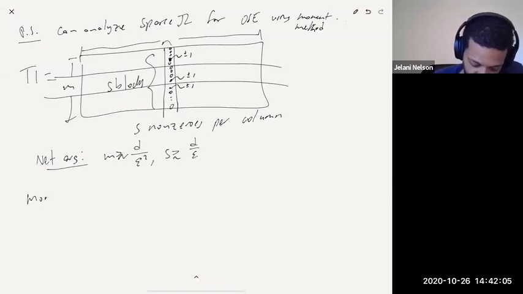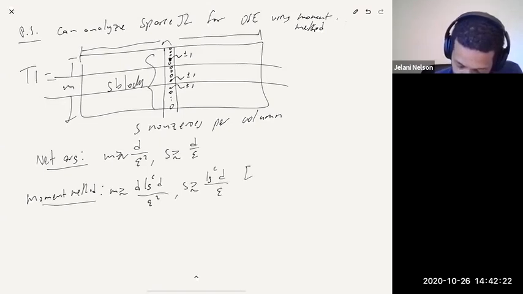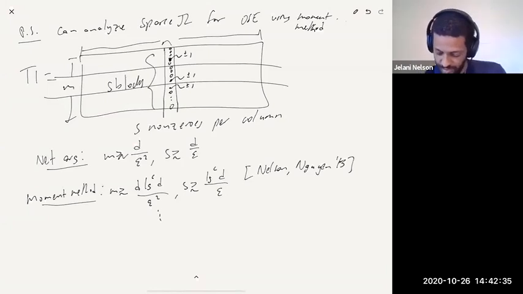But if you do the moment method, in fact, you can get something like M to be at least D polylog D over epsilon squared, and S is at least polylog D over epsilon. So this was due to myself and Huy Nguyen, 2013. There are some follow-up works with some improvements.